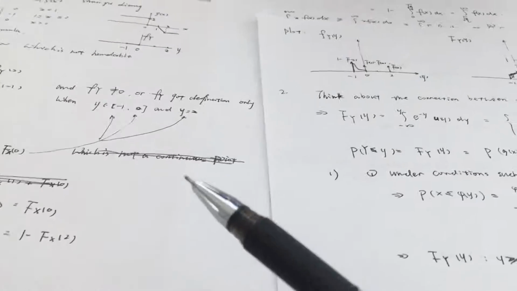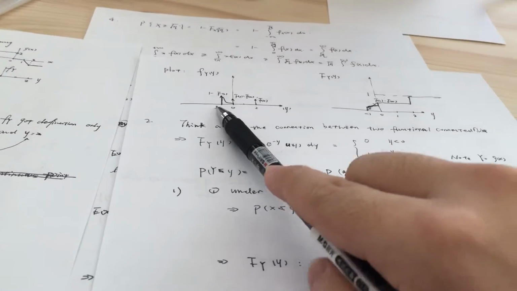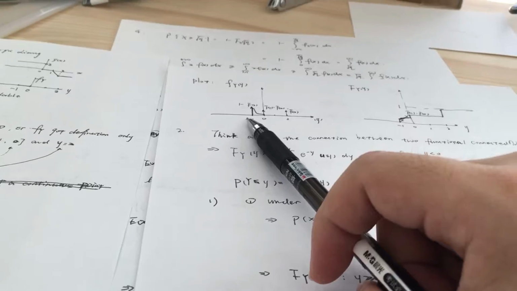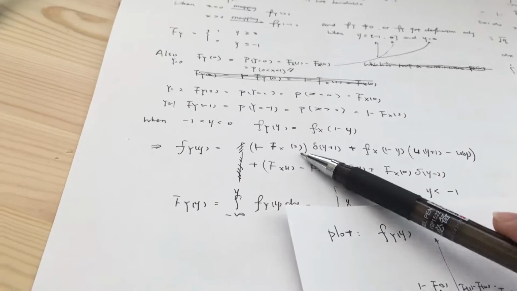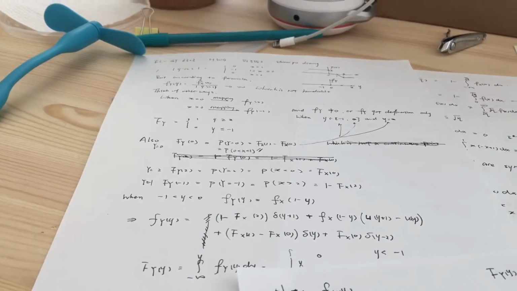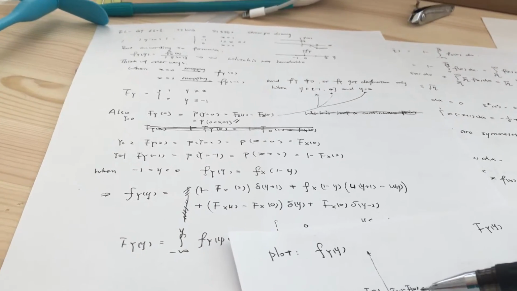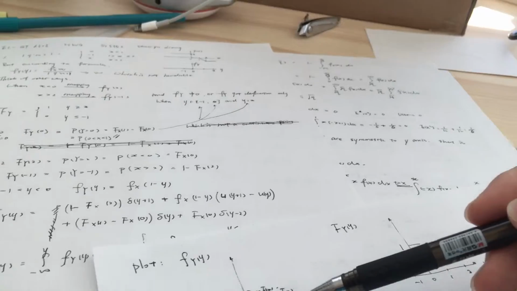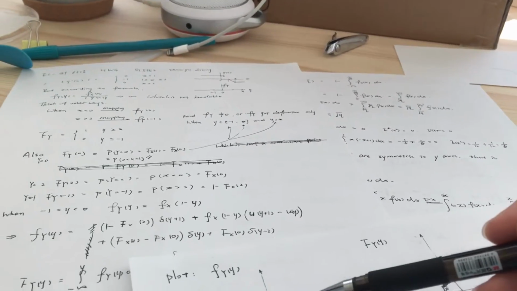It's much easier to understand if we plot F_Y here. At minus 1 the impulse magnitude is 1 minus capital F(2), and when y is 0 it's F(1) minus F(0), and when y equals 2 it's F(0).